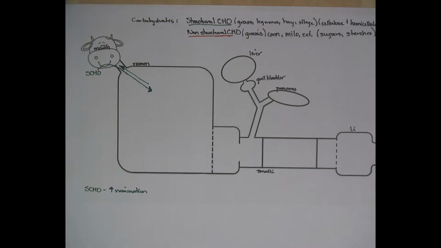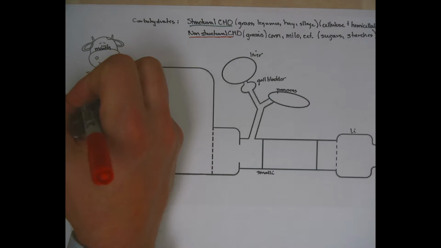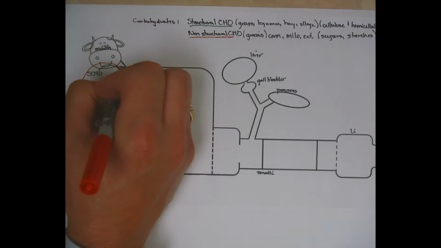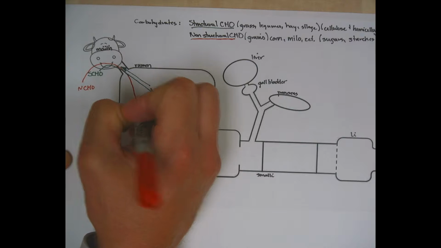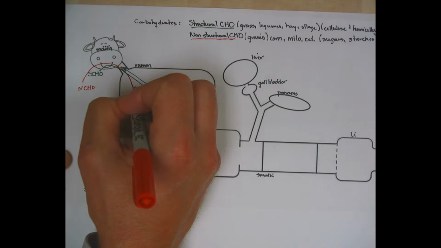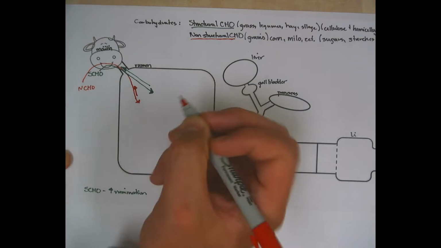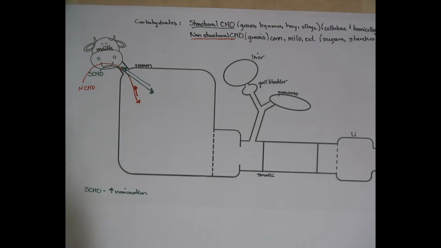Okay, so we feed the animal structural carbohydrate. The animal could also consume non-structural carbohydrate, and it will also enter the rumen. Okay, and it is also ruminated, but not to the same extent.